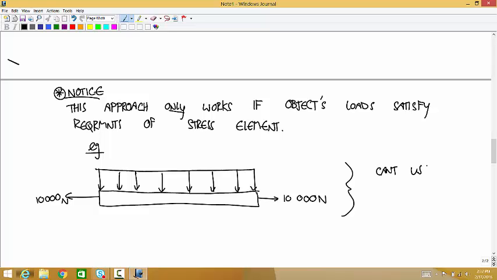You can't use this approach on this example because that normal stress, let me give a value for this, I don't know, 5,000. Because that normal traction that's being applied on the top surface doesn't have a matching one on the bottom surface. Okay.